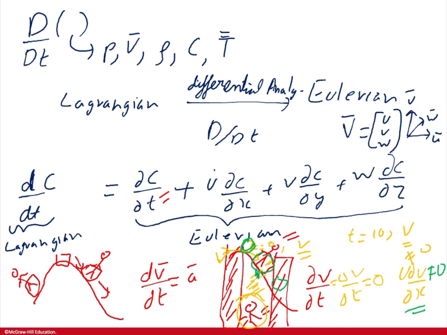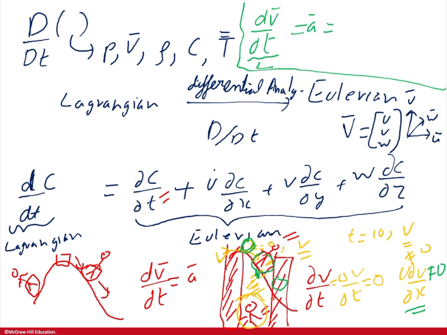Now you can see how these two relate. Let me use the same slide so you can see the same things. If I want to find the material derivative to connect the two, dv/dt was the Lagrangian frame of reference, and you got some acceleration a.